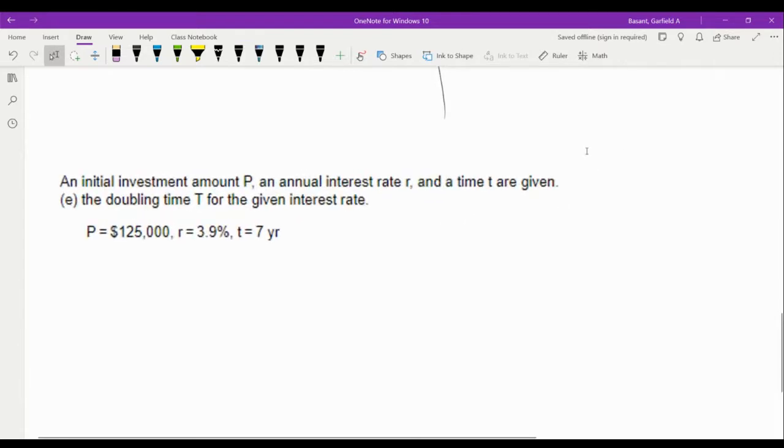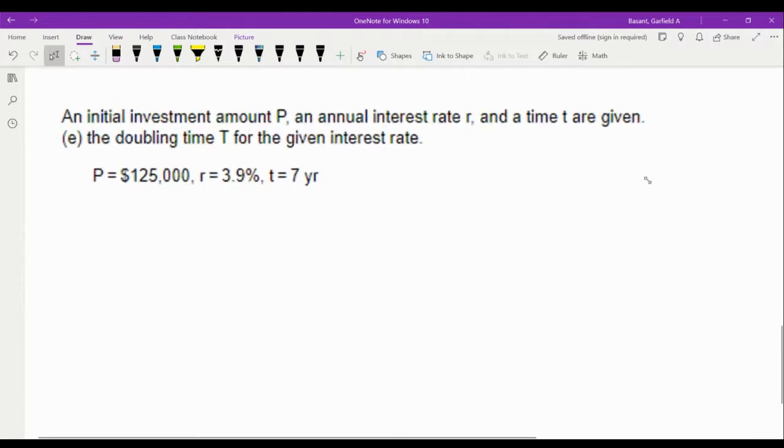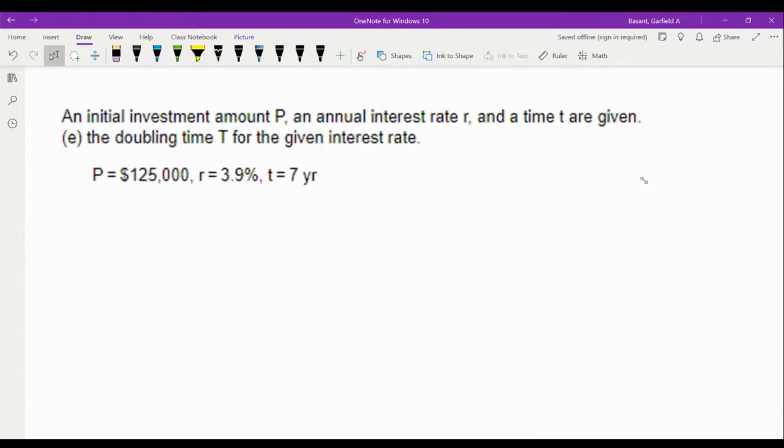So, can you guys read that now? Okay. All right, so that's part E. We're going to come back to part E. This is part A, which I didn't copy, right?